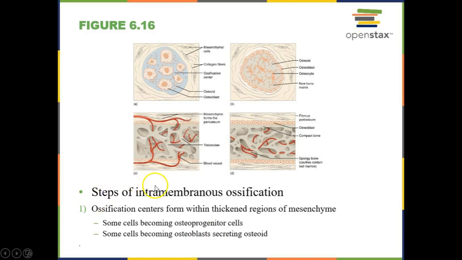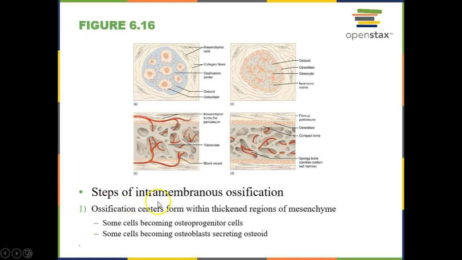So let's look at intramembranous ossification first. This form of ossification is what makes up the cranial bones of the skull, so your frontal bone, parietal bones, occipital bone, temporal bone. It also makes a portion of the clavicle.